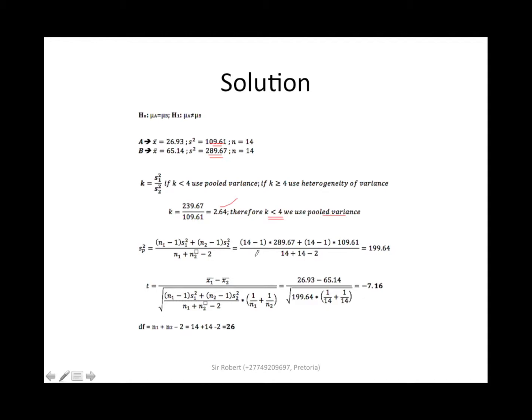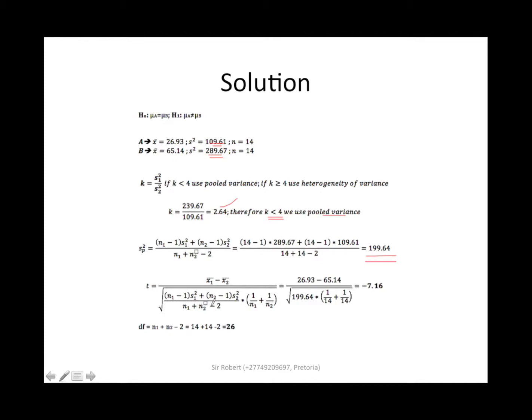So you input your figures. Your sample 1, N1 is 14, sample is this one and this one and this one, like that. Once you input your figures there, you're supposed to get 199.64. So for you to get your t-test now, remember this is your pooled variance.